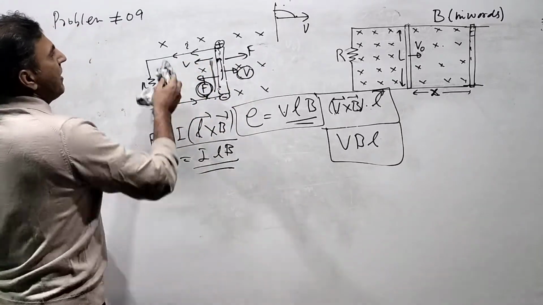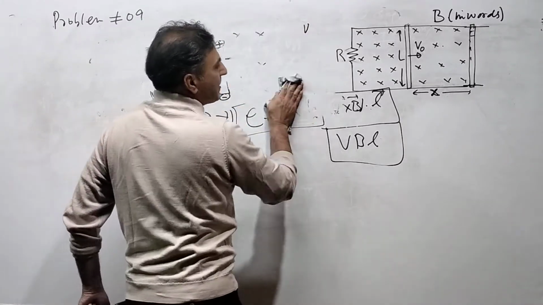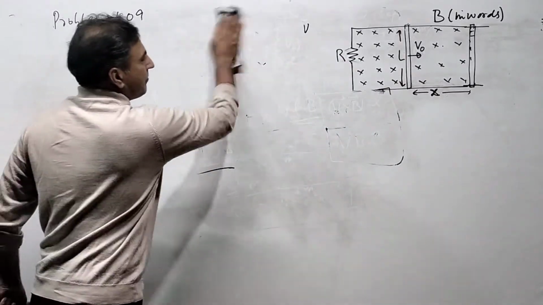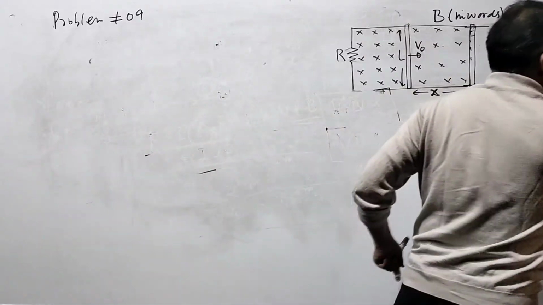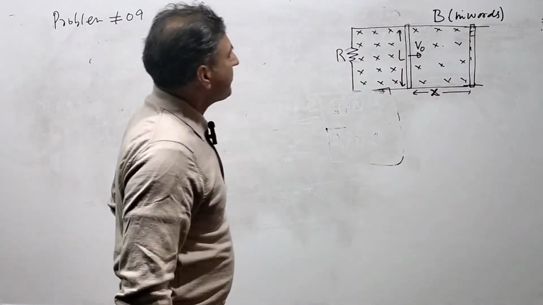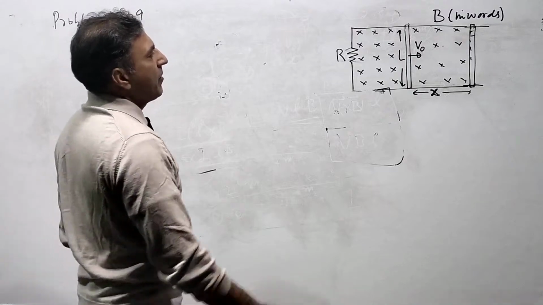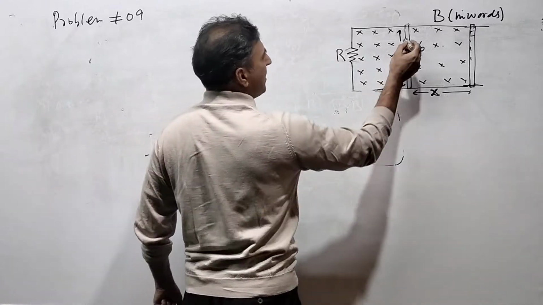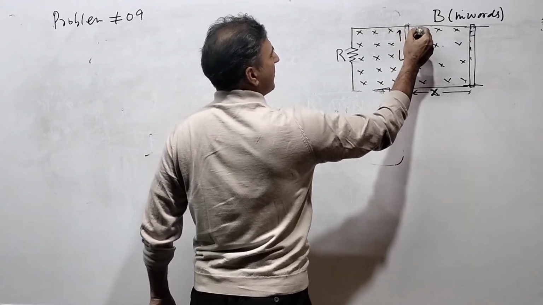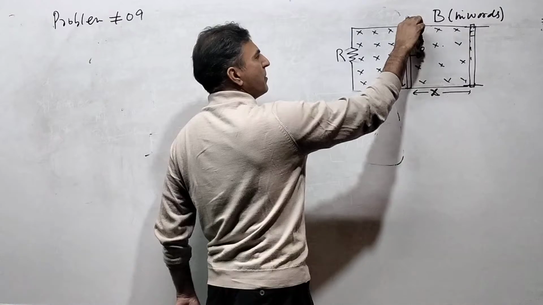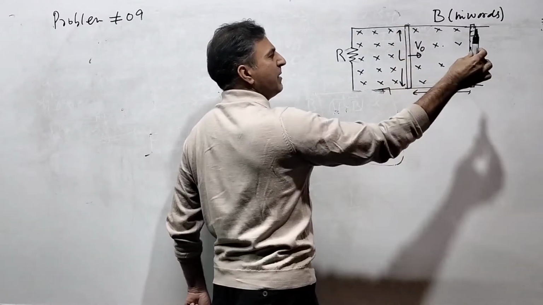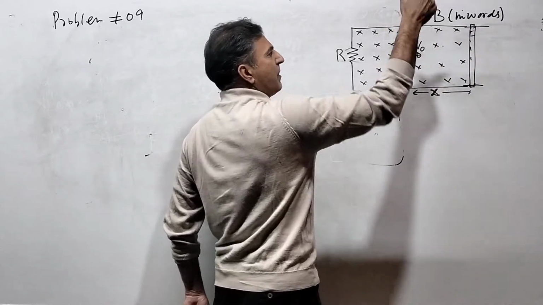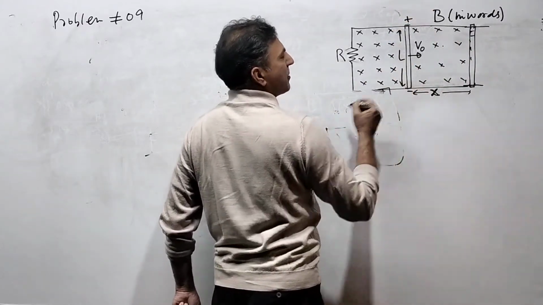If you give motion to the rod like this, force is like this. If you give motion to the rod like this, force is forward. Okay, explaining these concepts, now let me go to the problem. First of all, when you give any generalized velocity, what is the induced EMF of the rod? Which end will become positive? This one becomes positive, because rod is moving in the forward direction, magnetic field is inwards, so V is forward, B is inwards, V cross B is upwards, positive charge will be up and negative charge will be here.